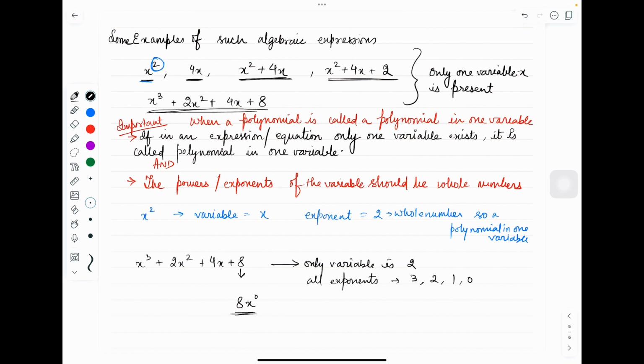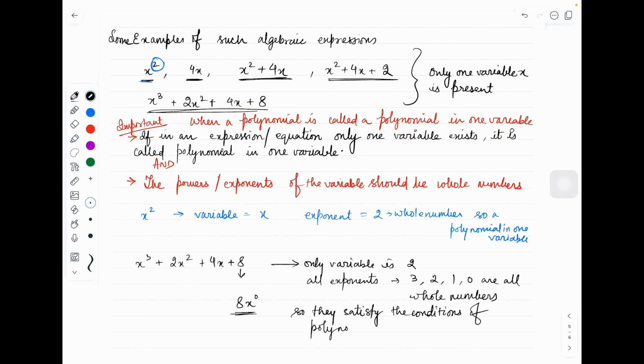So 0 is also an exponent. So 3, 2, 1, 0 are all whole numbers, and they satisfy the conditions of a polynomial in one variable. Understood?